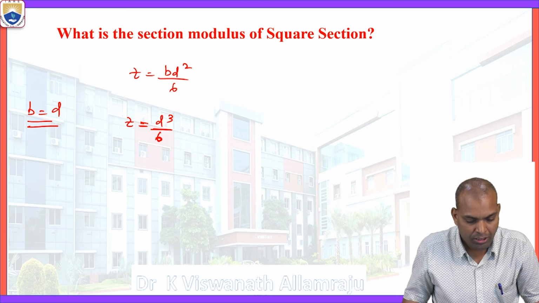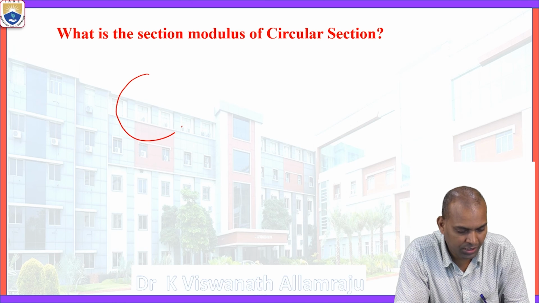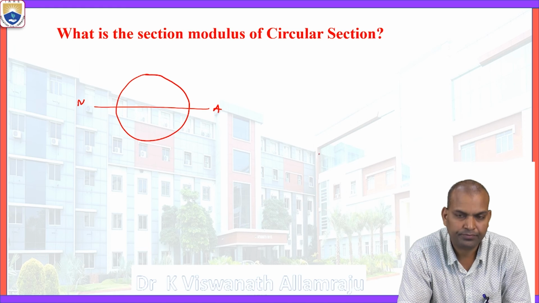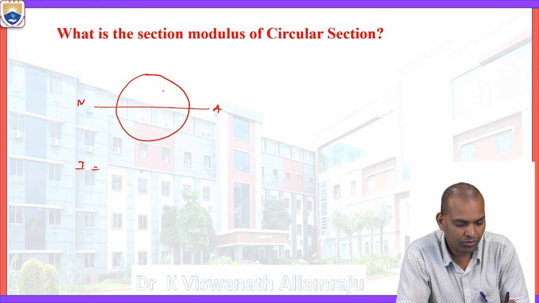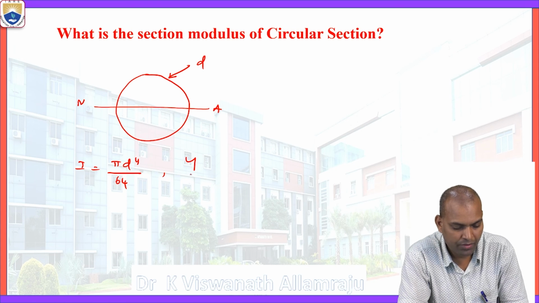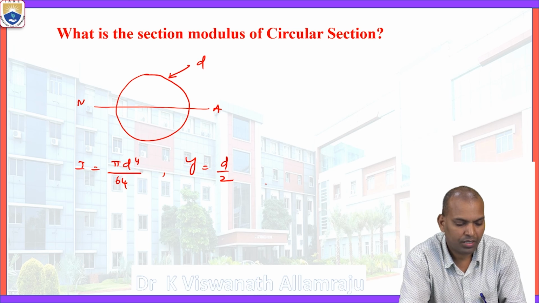Okay. Next, if we consider the circular section, for a circular section, the neutral axis, and what is the diameter? The diameter is d. Then the moment of inertia becomes pi d power 4 by 64, and y becomes the maximum distance, that is d by 2.